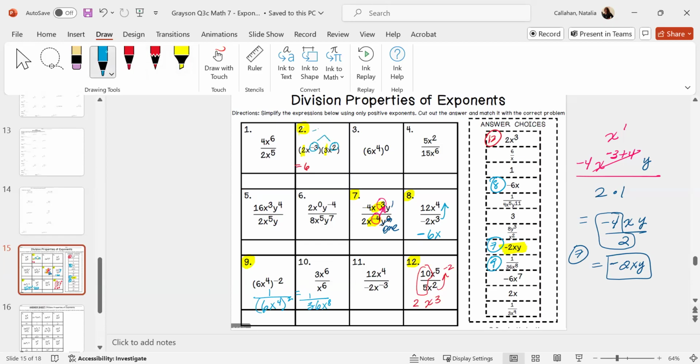But then I don't want a -1 exponent, so I bring it down, so it's x. Do you see that? So that should be this one right here. Did you get that one right there? Close. Okay, but do you understand the mistake you made?